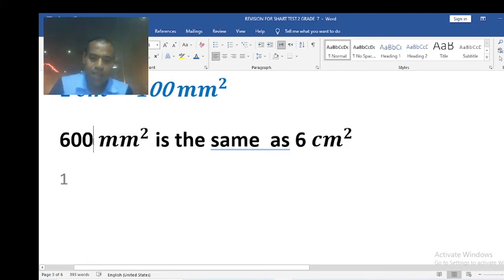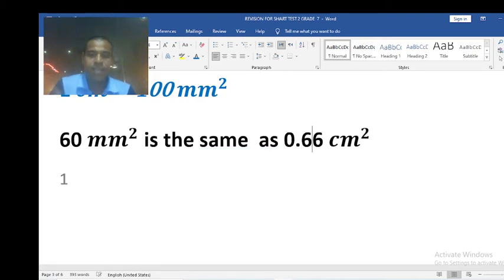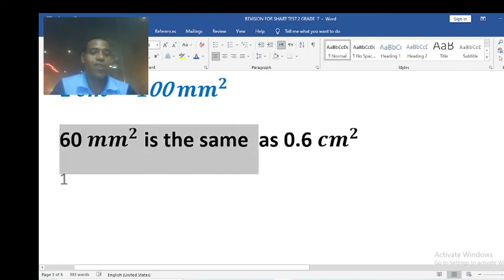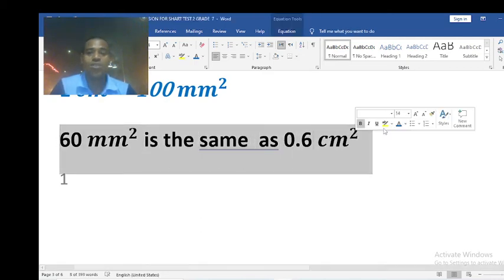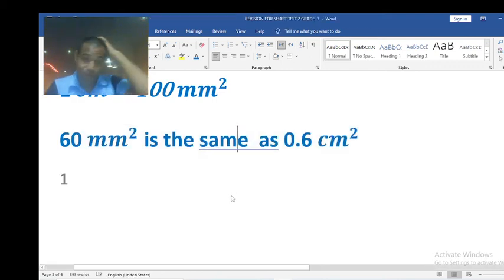We have 60 millimeters square, so it will be equal to, I should divide by 100, giving 0.6. This is the correct answer. This should be figured out in your answer, but in the exam the numbers will be different, of course. I'm giving you a chance to think of the metric unit. Then we move to the last part.